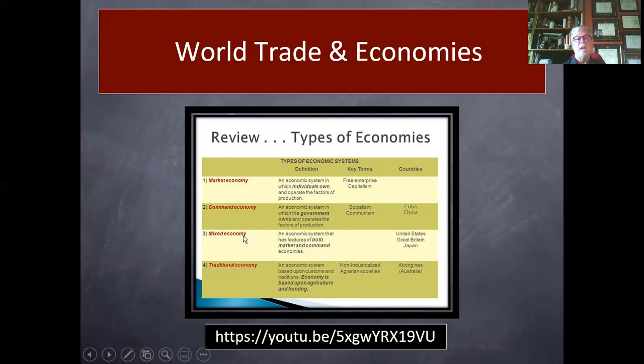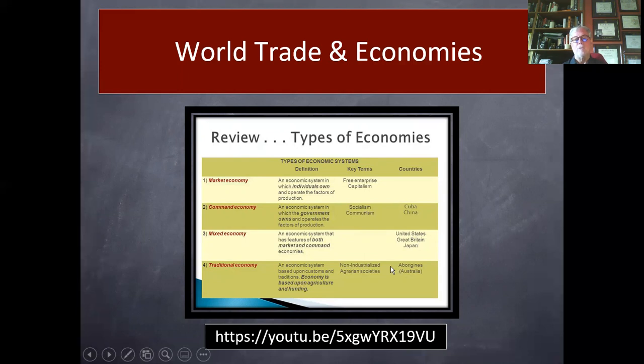Then we have mixed economies, an economic system that has features of both market and command economies, such as the United States, Great Britain, and Japan. And then traditional economies, and this has to do with basically agricultural and hunting, almost like hunter-gatherers that you can find.